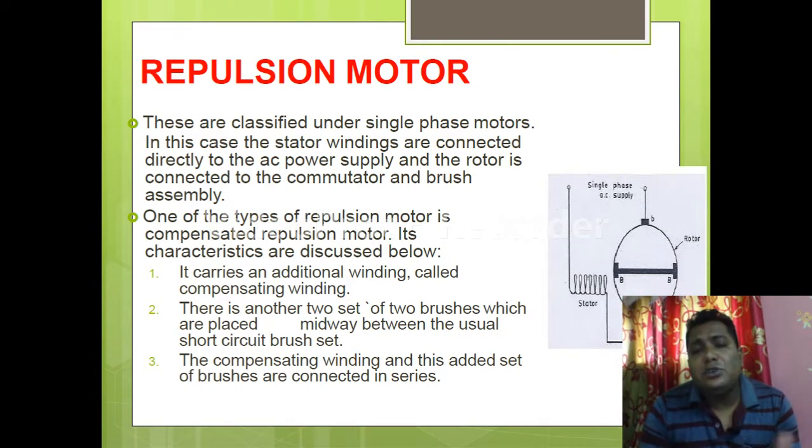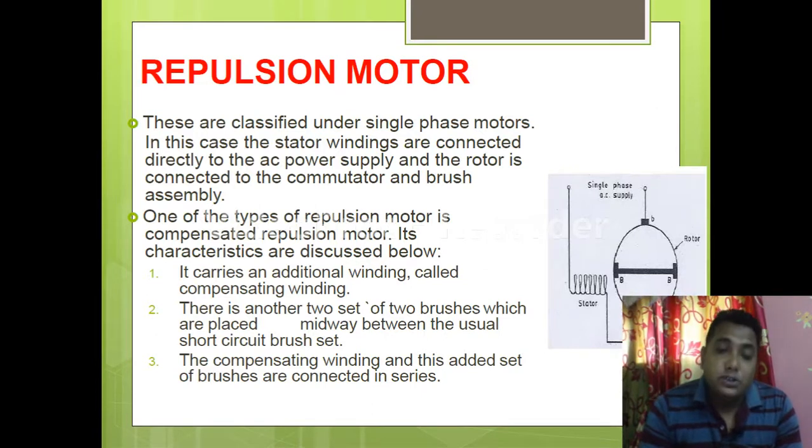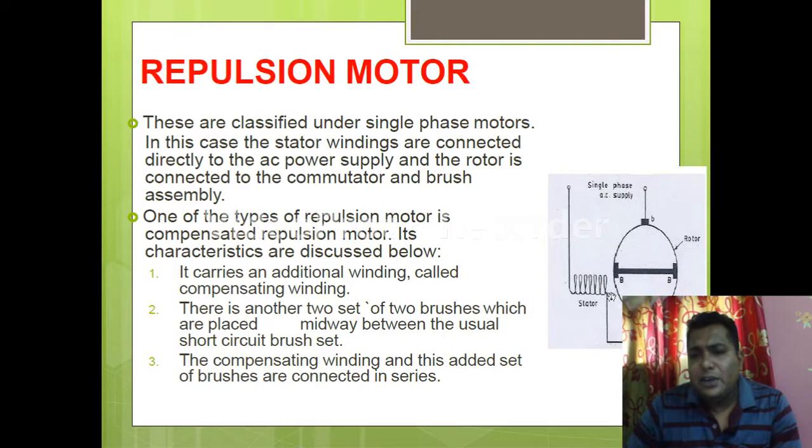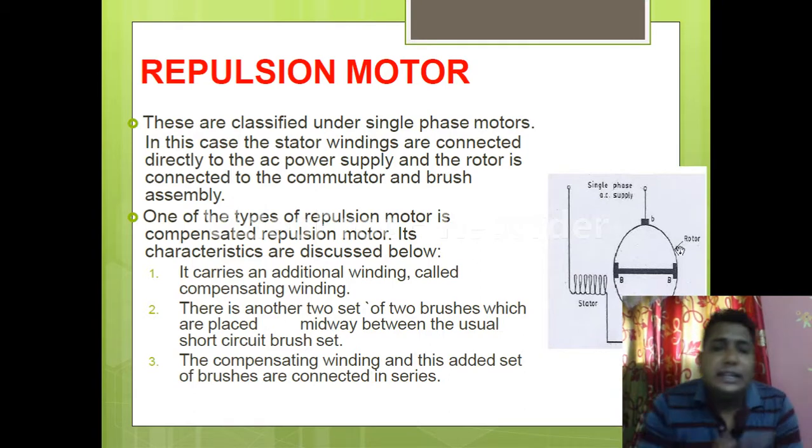There are another two sets of brushes which are placed midway between the usual short circuited brush set. As we can see, this is the stator section, and it is connected with the armature section or the rotor section, and there is an AC supply.